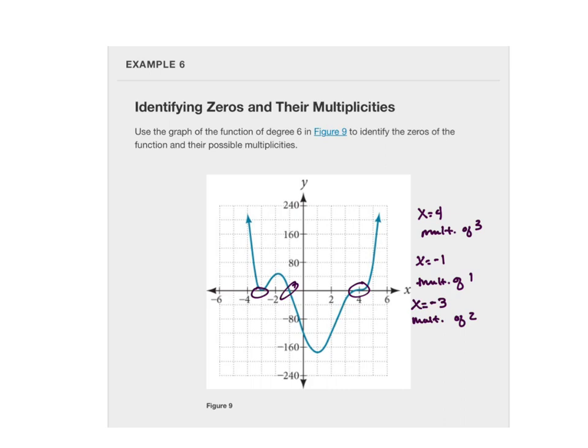So if you had to write the equation for this particular function, what would that look like? x plus 3 squared. Okay, x plus 3, that would have you at negative 3, right? Multiplicity of 2, so squared. And what else? x minus 4 cubed. And then x plus 1 with nothing up there. Do we kind of see how this would work?